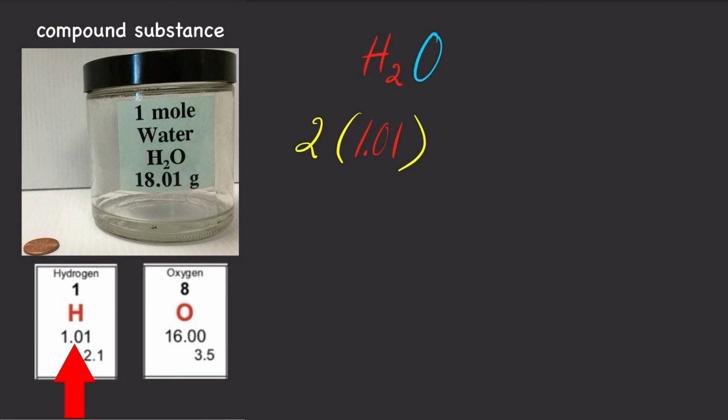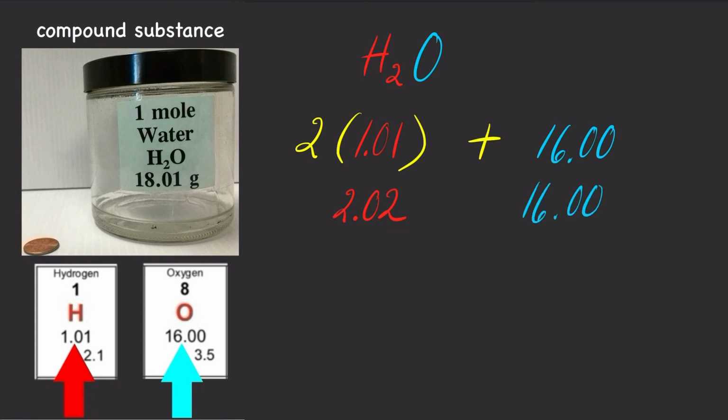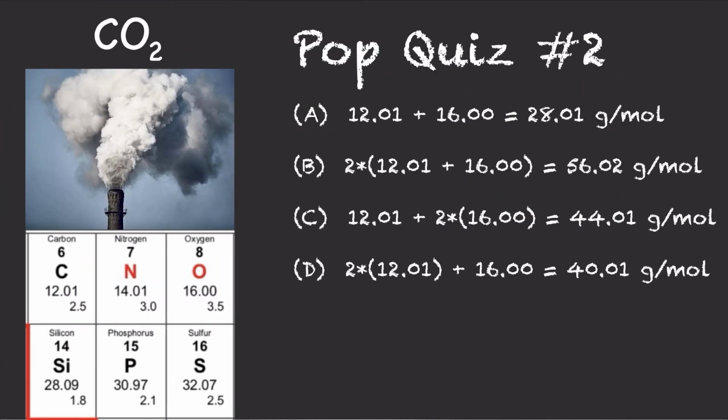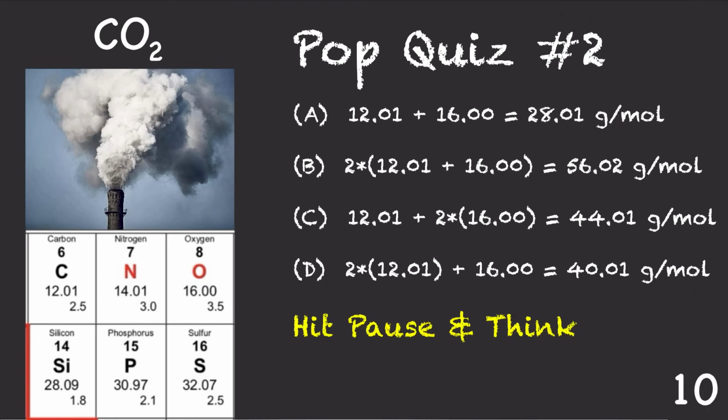And the mass in grams for 1 mole of oxygen atoms is 16. Thus, the molar mass of H2O will be 2.02 plus 16, which is 18.02 grams per mole. Use the periodic table to find the molar mass of CO2.